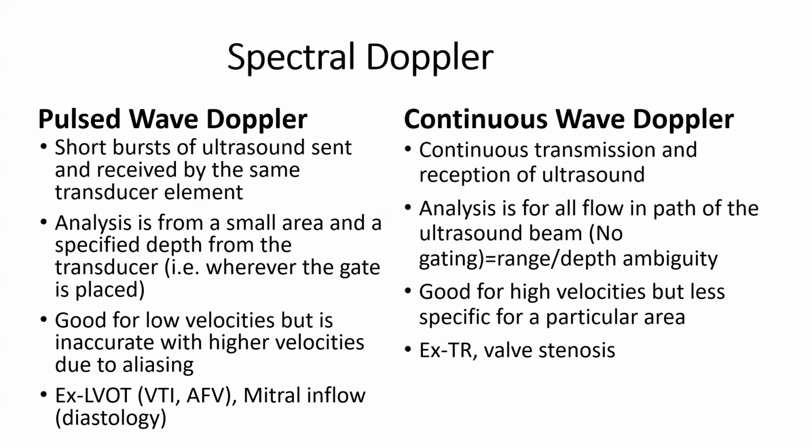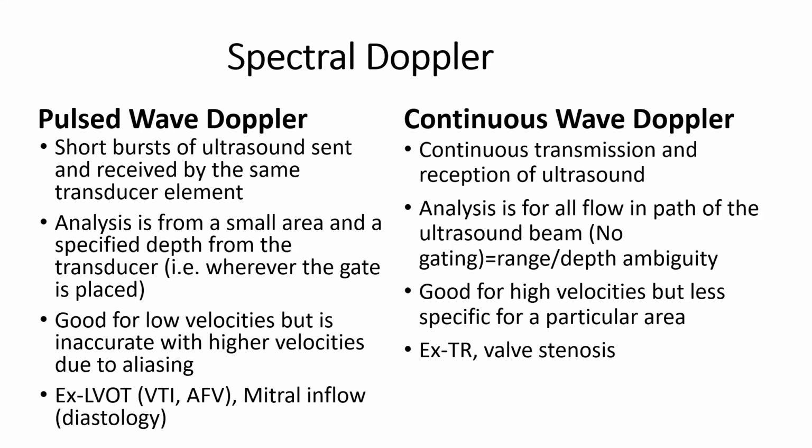This is good for low velocities, but aliasing causes problems at higher velocity flow areas. So at the LVOT, if you're going to do a velocity time integral or aortic peak flow velocity variability, this is your tool. Pulse wave Doppler is great for this. You can also do some diastolic evaluation with pulse wave Doppler.